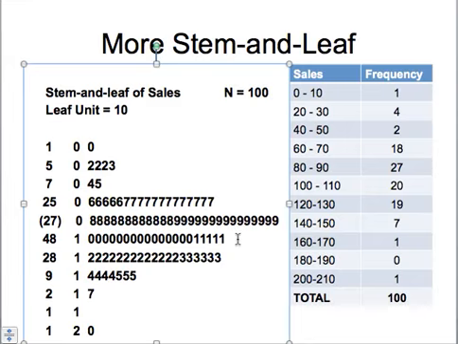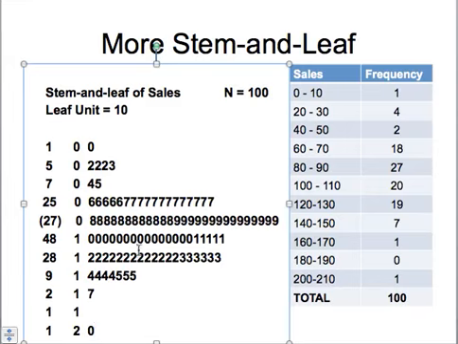Then you have 100 to 110, 120 to 130, 140 to 150, 160 to 170, 180 to 190, then 200 to 210. Now notice the width of each of these is 10.